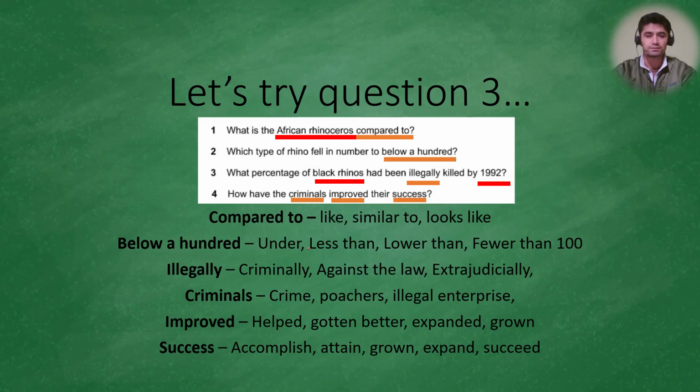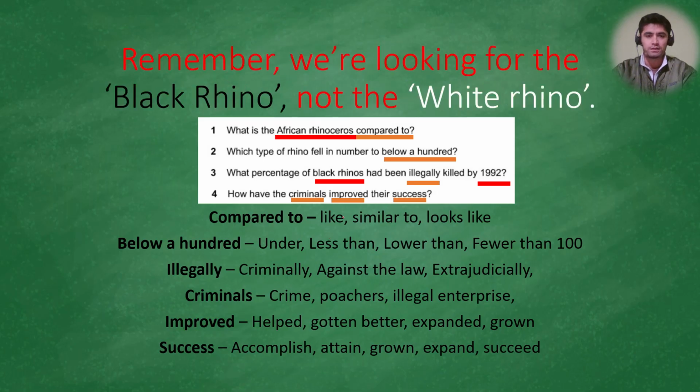Next, question number 3. What percentage of black rhinos had been illegally killed by 1992? In this question we should remember that we're going to look for black rhinos, not white rhinos.